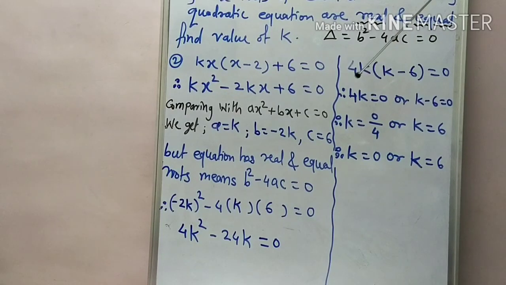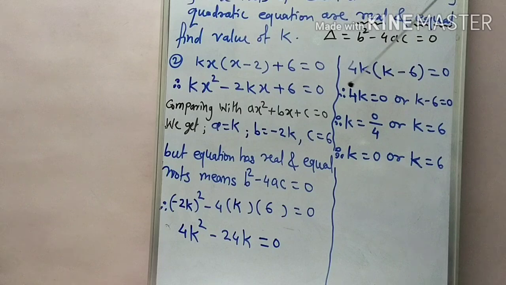So here we are getting that 4k is the common factor. For the remaining terms, to get 4k square, as we are taking 4k as common, we have to write the remaining k in the bracket, minus, to get 24k with 4k common, 6 remains. Okay, so 4k into k minus 6 equal to 0.